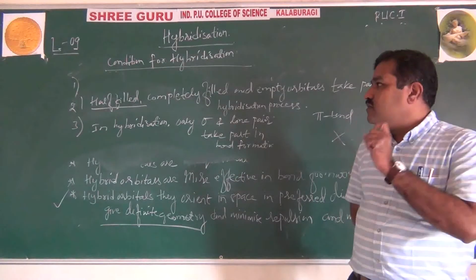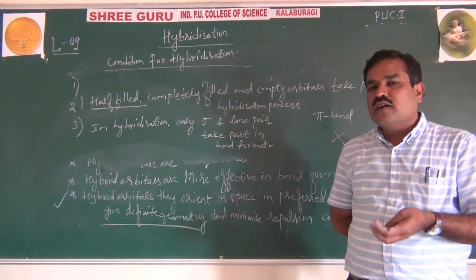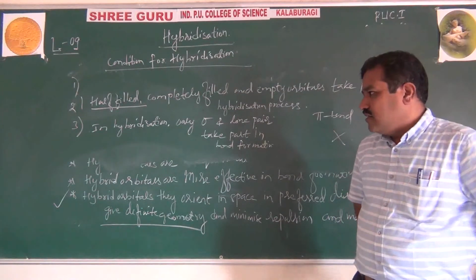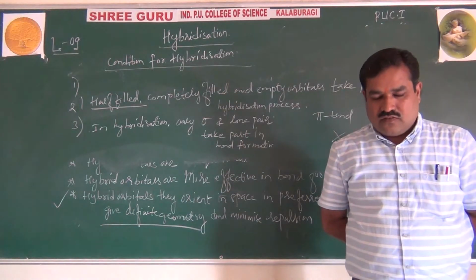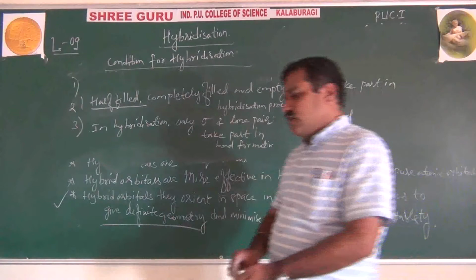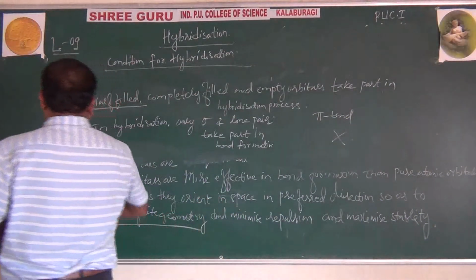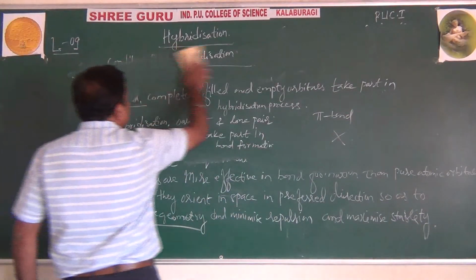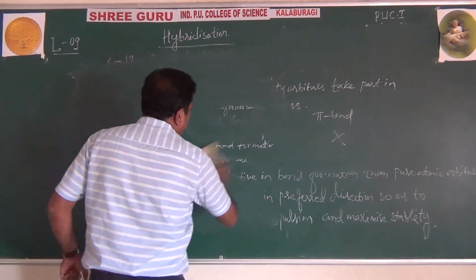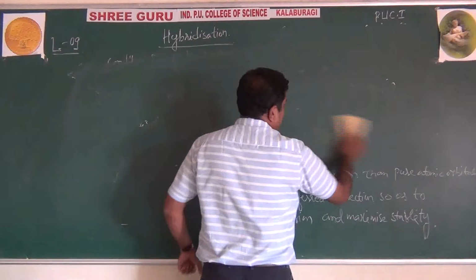And during hybridization, one important condition, they should not only be hybridized, they should have equal and identical energy. That's once again a condition for hybridization. So now I will tell you one by one the types of hybridization involving s and p, that is sp, sp2 and sp3 hybridization, one by one.